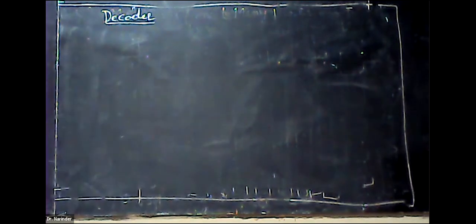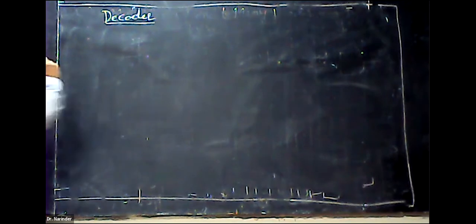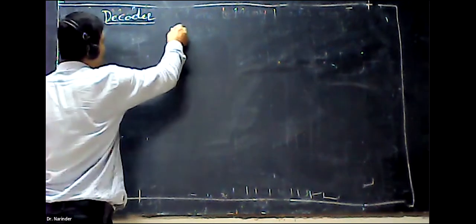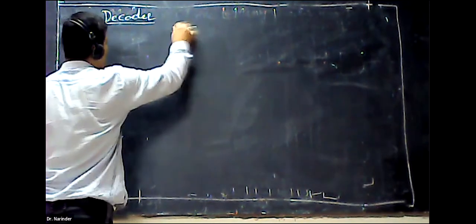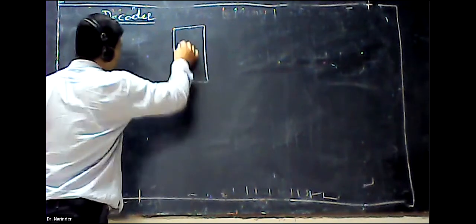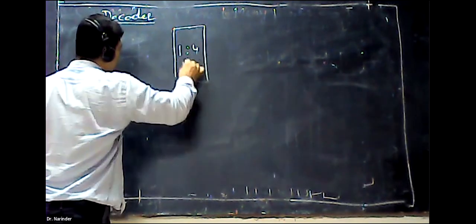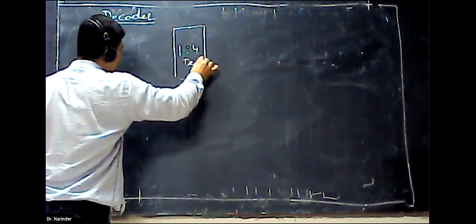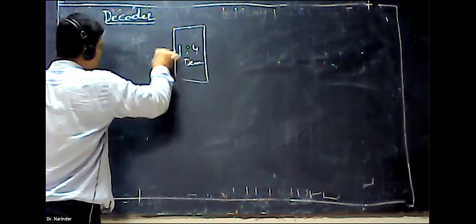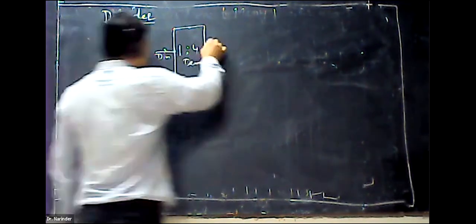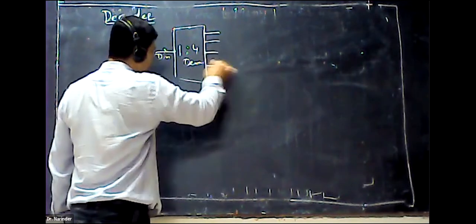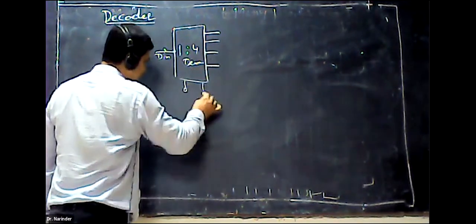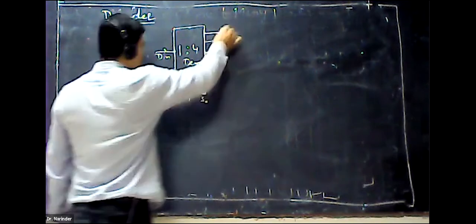A decoder, to understand it carefully, is like a demultiplexer, but the only difference is this. If I say 1:4 demux, there is a data input, 2 select lines, 4 outputs.